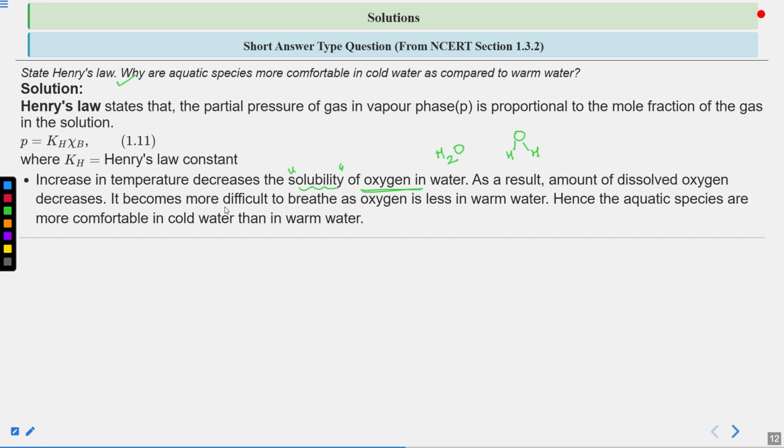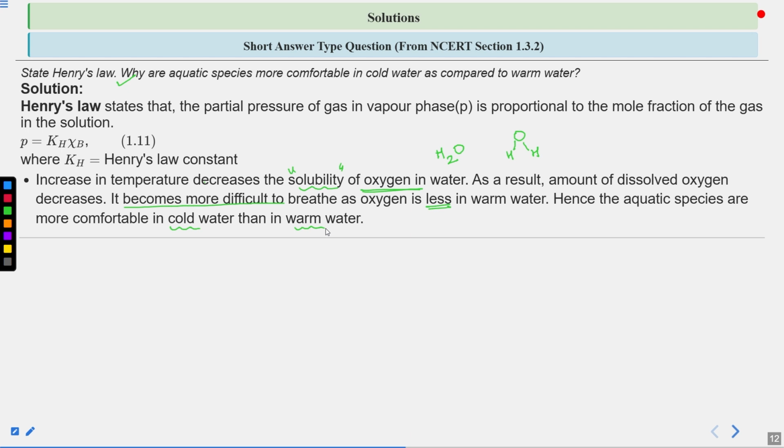That means the oxygen content is decreased, and it becomes more difficult to breathe as oxygen is less in the warm water, and hence the aquatic species are more comfortable in the cold water than in the warm water. The highlight is basically that temperature difference affects the oxygen solubility in the water, and if there is not enough oxygen, it will be difficult to breathe in the water.